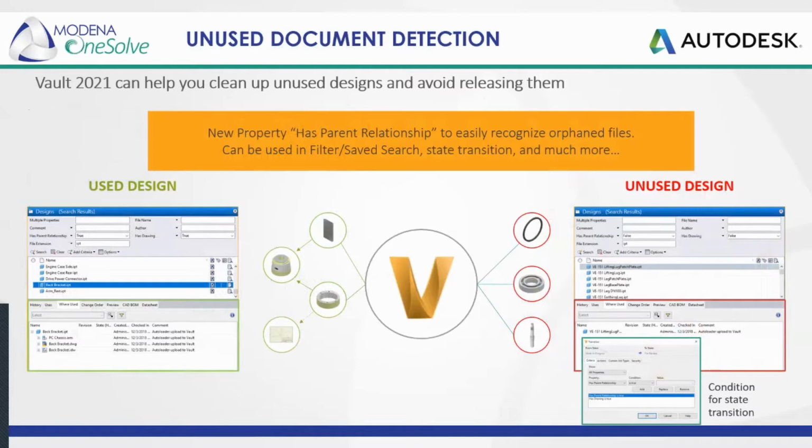Here's our unused document detection. With Vault 2021, it now helps you detect and clean up unused files that are no longer required and prevent unused files from being released. A new property has been added to help identify orphan files.